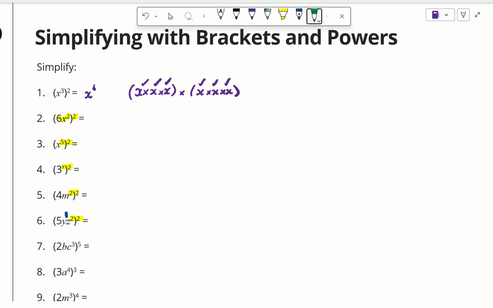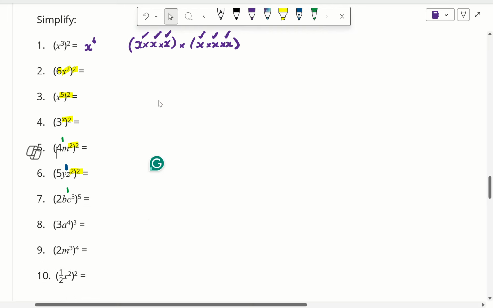Let's see if this works. Yeah, we need to write a 1 there. Technically, that's 4 to the power of 1, and we've got 3 to the power of 1, 2 to the power of 1, and so on. So let's work these out.